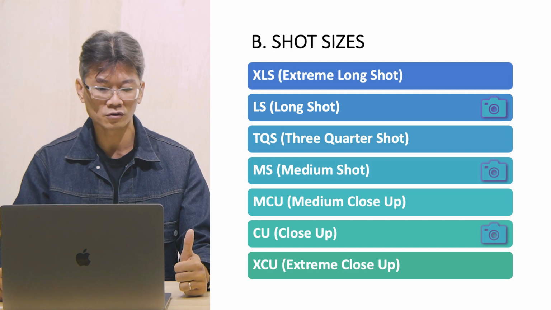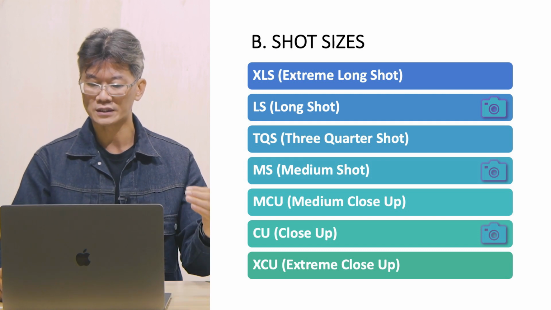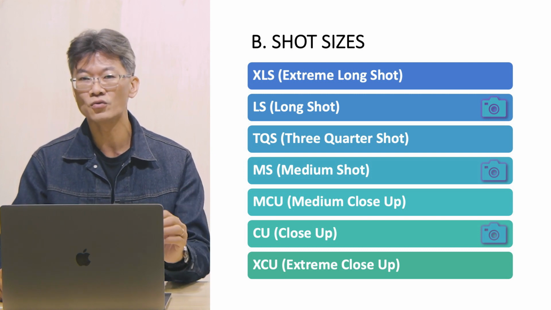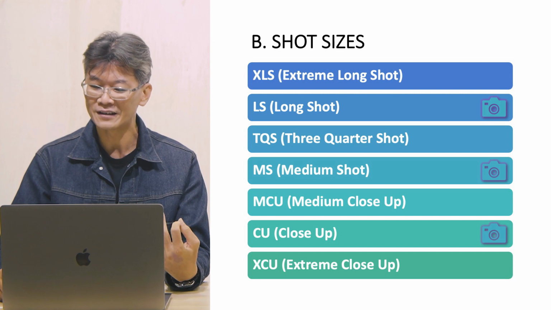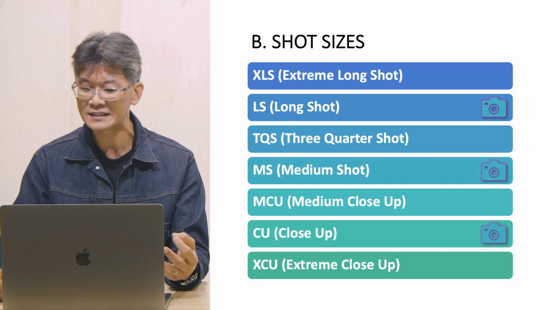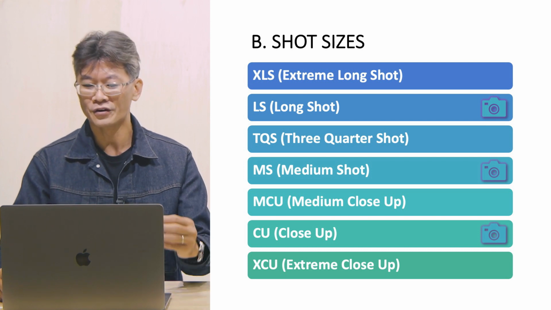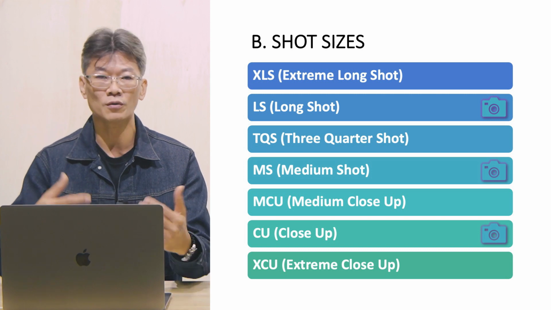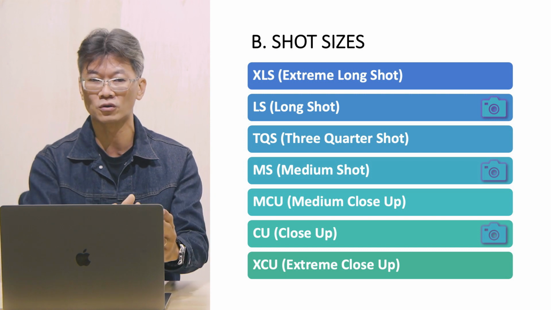They are extreme long shot, or in short form XLS, long shot, which is LS, three-quarter shot, which is TQS, medium shot is MS, medium close-up is MCU, close-up is CU, and lastly, extreme close-up is XCU. Now, extreme close-ups are not very commonly used in a normal hybrid worship service, but I will bring it in as well because that is part of this whole range from the widest to the closest in.